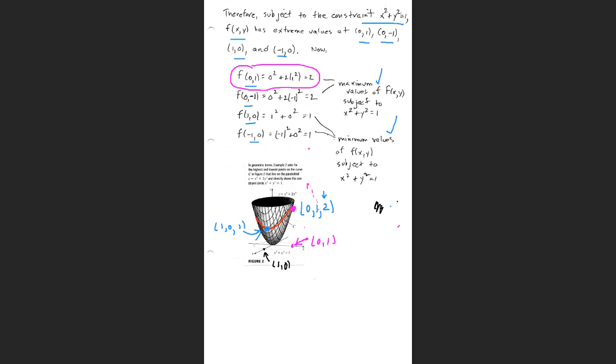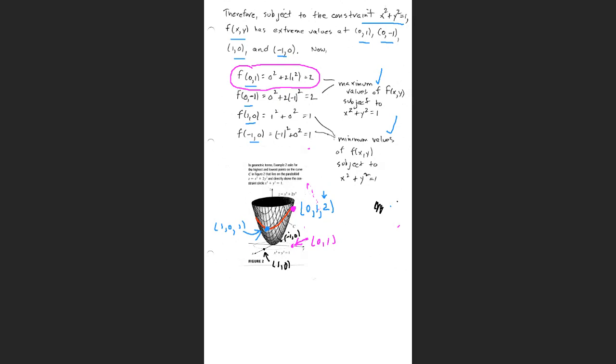And you might notice there's, of course, another minima and another maxima. Remember, there are 2 points that yield minima and 2 points that yield maxima. So you have a point back here, right? That would be (-1, 0), another minima on the other side.